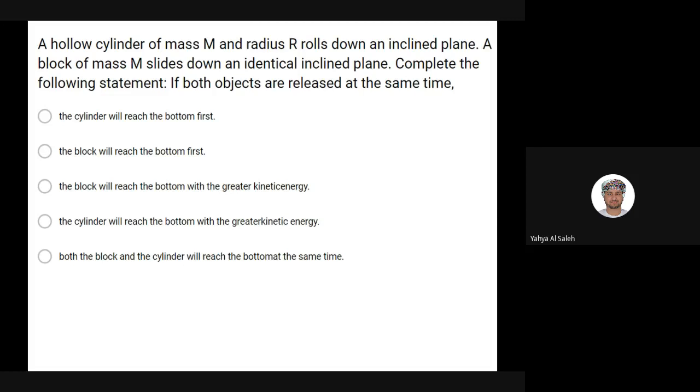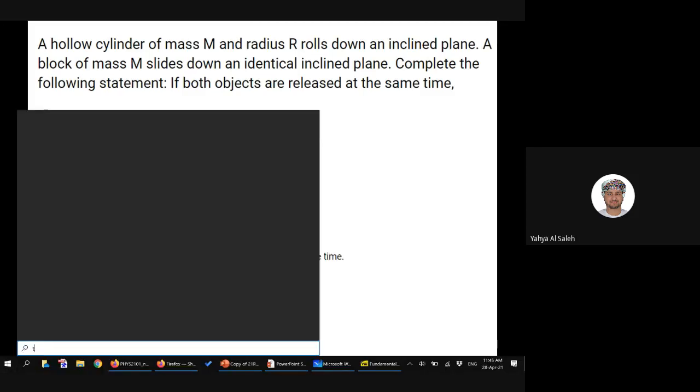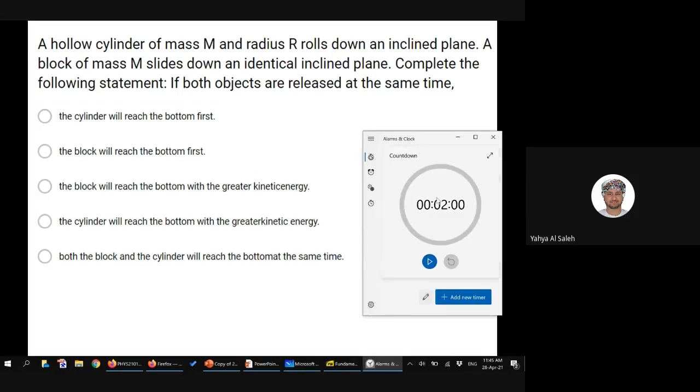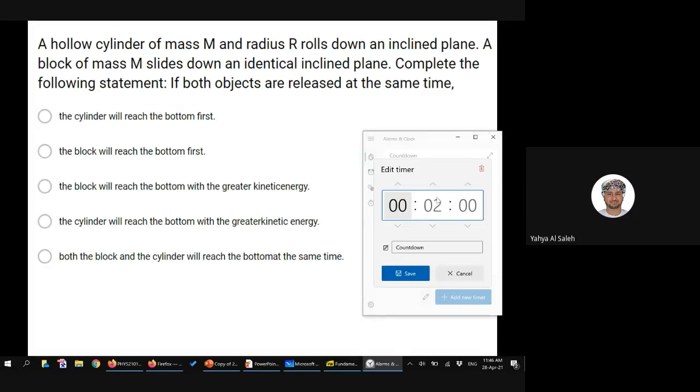If both objects are released at the same time, the cylinder will reach the bottom first, the block will reach the bottom first, the block will reach the bottom with greater kinetic energy, the cylinder will reach the bottom with greater kinetic energy, or both the block and cylinder will reach at the same time. Hint, you probably don't need to do calculations for this one.